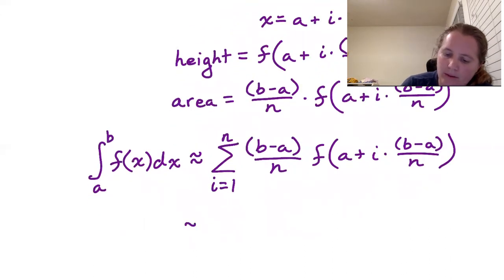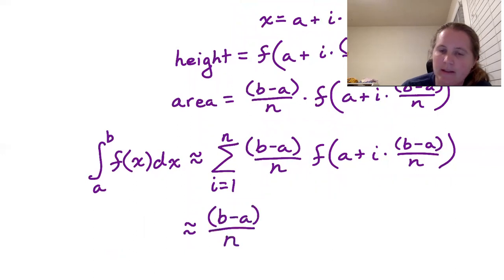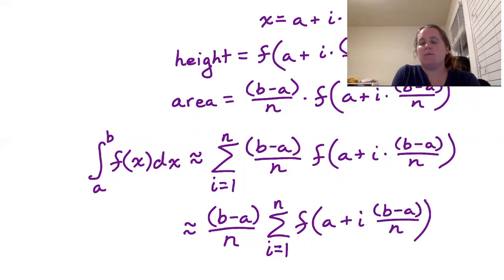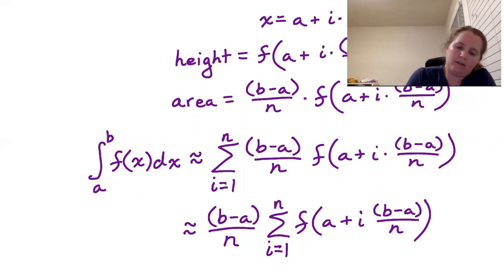Or we can go ahead and pull out b minus a over n. Every single term has that same factor. And then times the sum from i equals 1 to n of f of a plus i times b minus a over n. So this is the generic formula that we have at the end here.